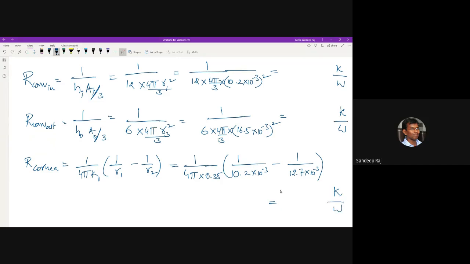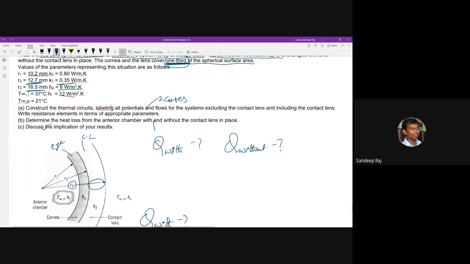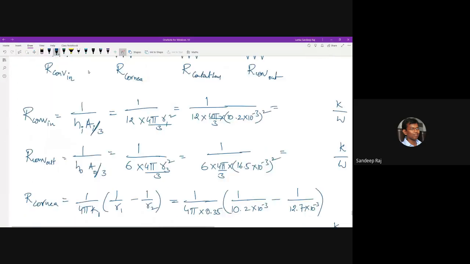It is R cornea, and you need the resistance value for the contact lens. It is again 1 by 4 pi k2 now, because it is a contact lens here. It is 1 by R2 minus 1 by R3. That is equal to 1 by 4 pi, and the contact lens k value is 0.8.